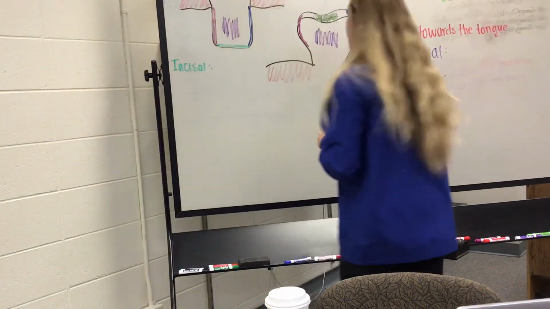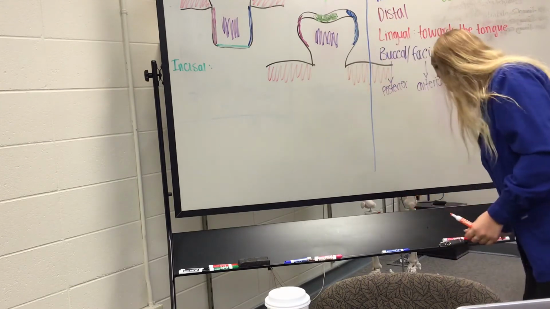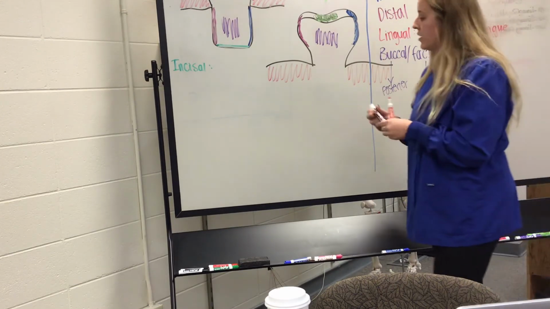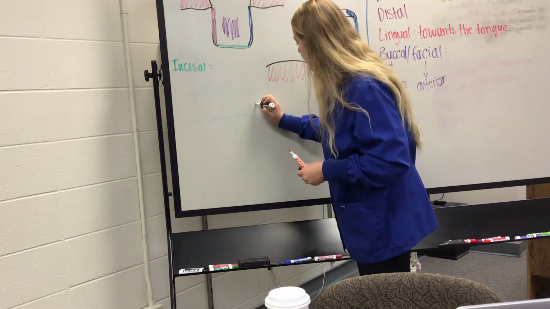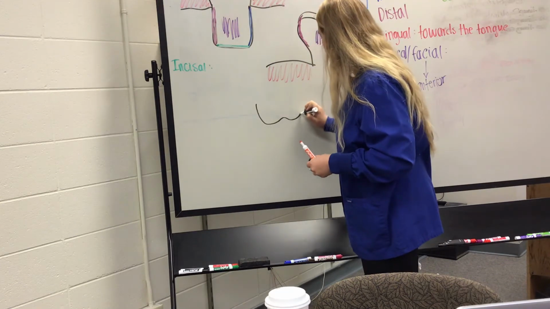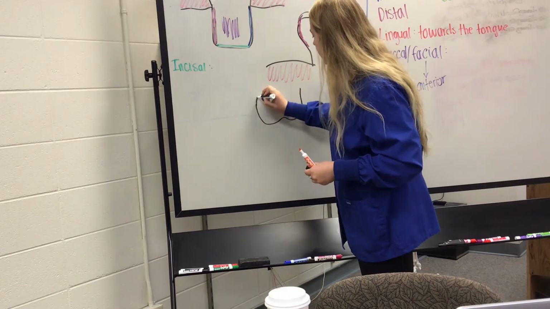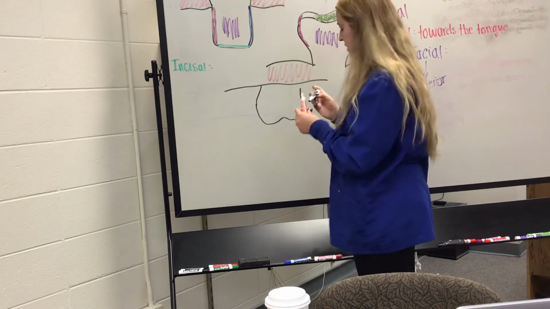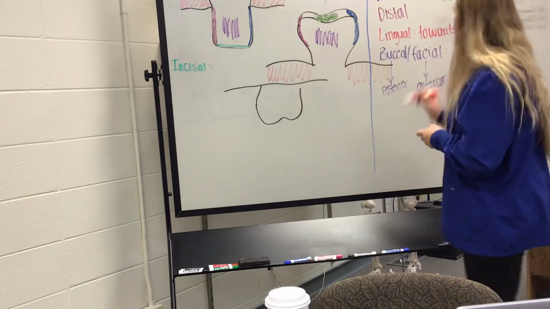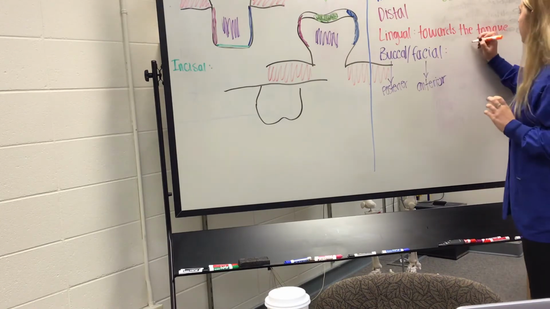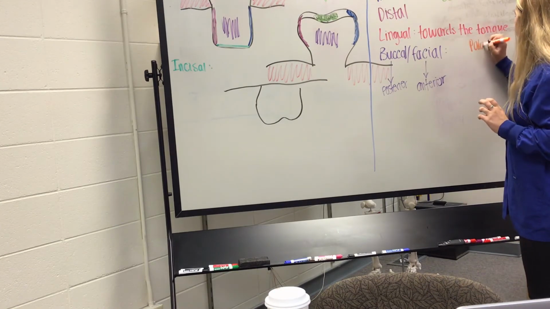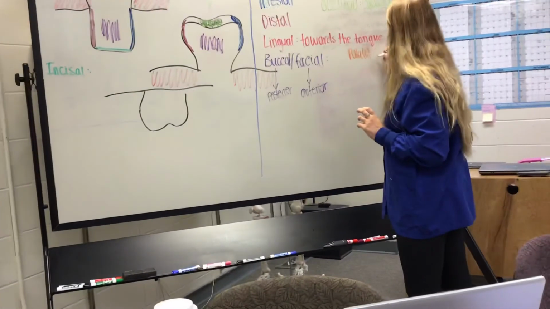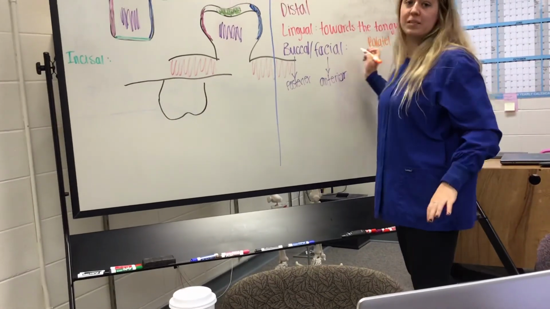So let me go ahead and draw an upper tooth for you. So say this is our upper tooth, and this is where our gums are. So palatal is really close to lingual. Don't quote me on that spelling either.